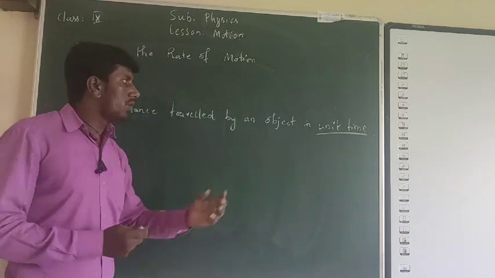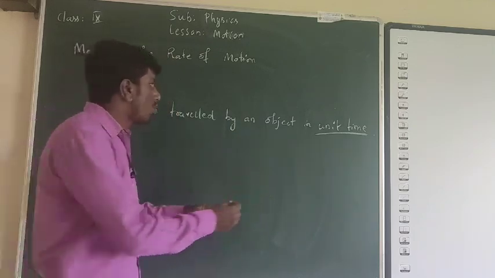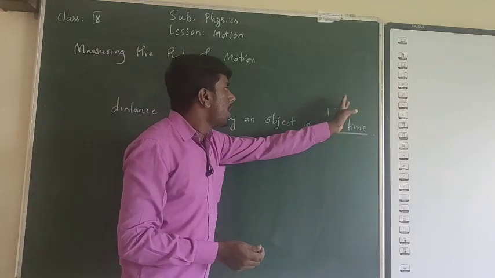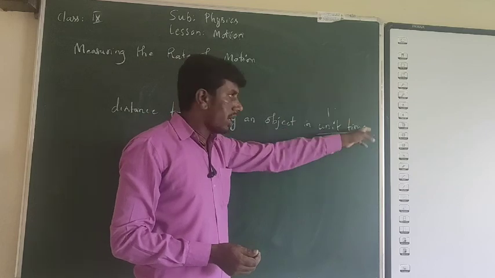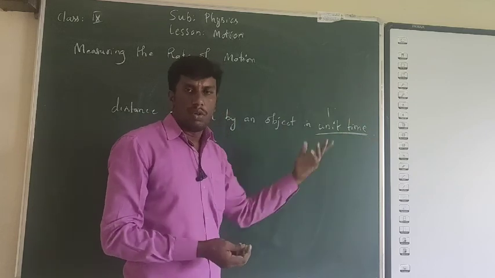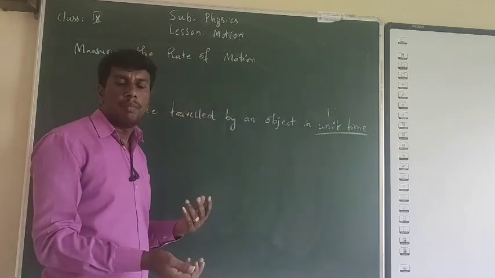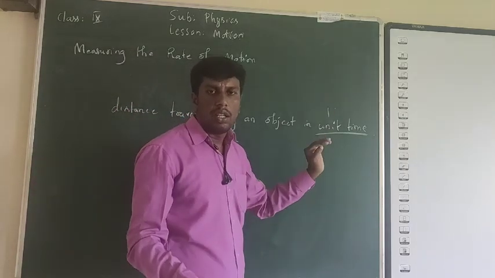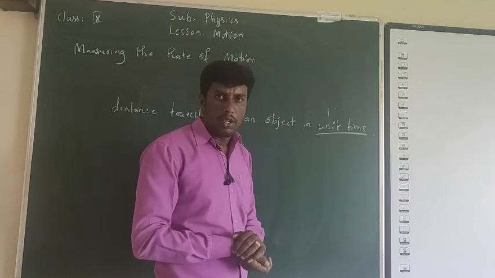What do you mean by unit time? Unit in the sense it is one. Since it is time, what is the unit of time? Second, minute, hour. So it may be 1 second, 1 minute or 1 hour.